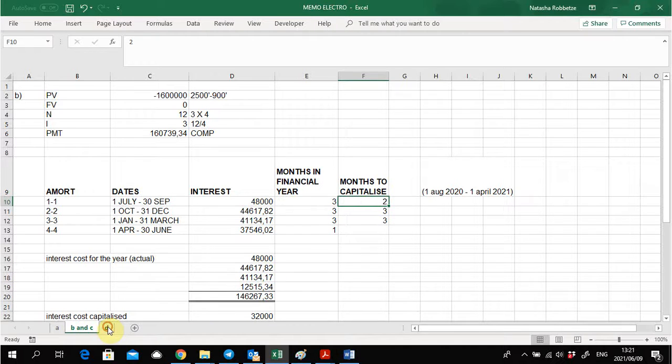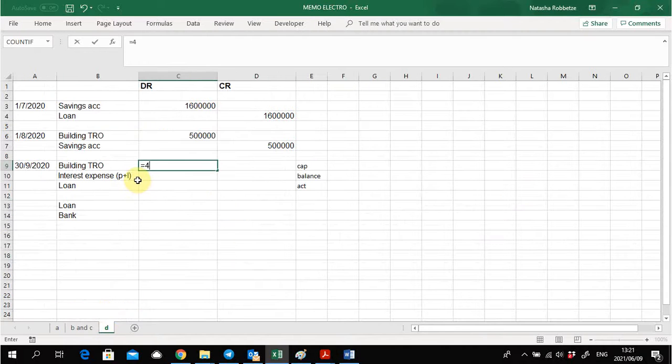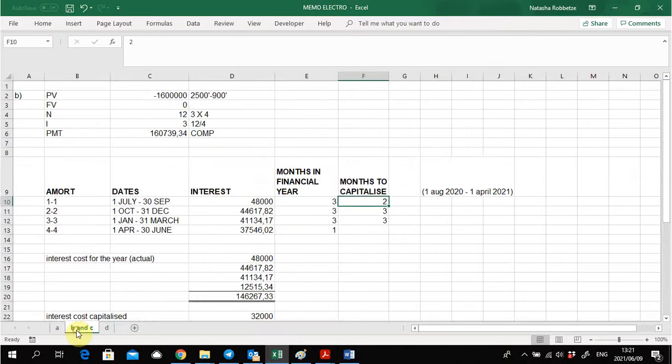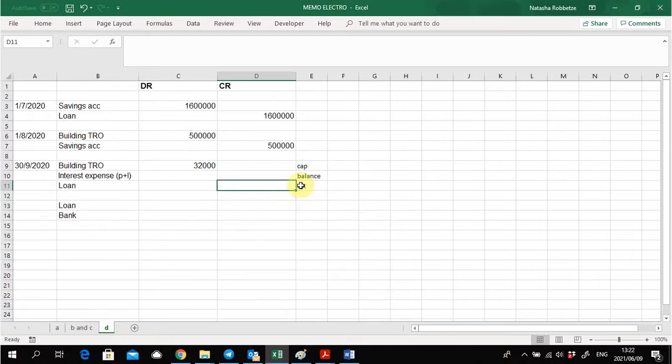So going back to D, I need to take the 48,000 divided by 3, 2 of it can be capitalized. Then for the actual interest, we said all 3 months fall within our financial year, so the full 48,000 will be an actual interest amount.